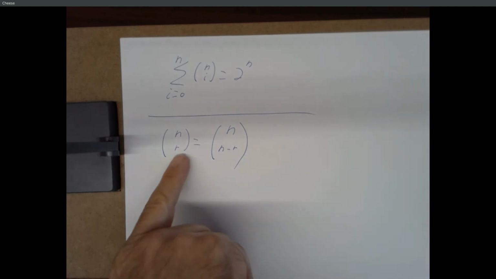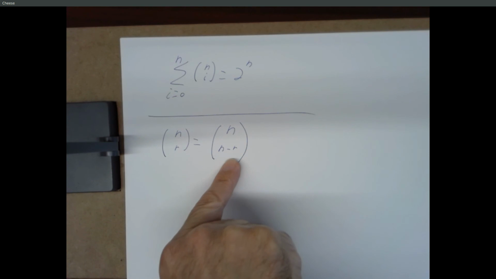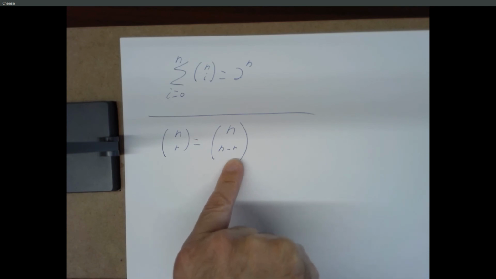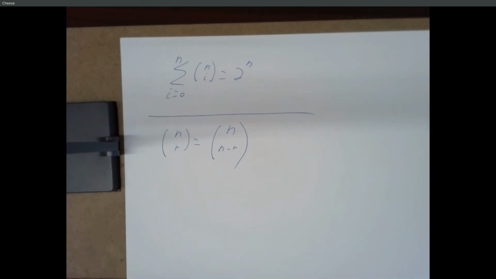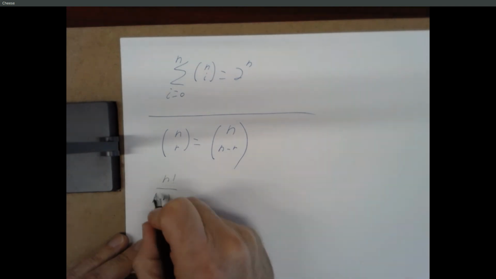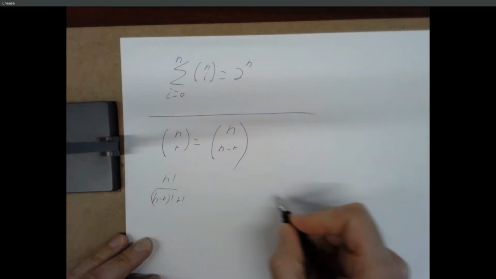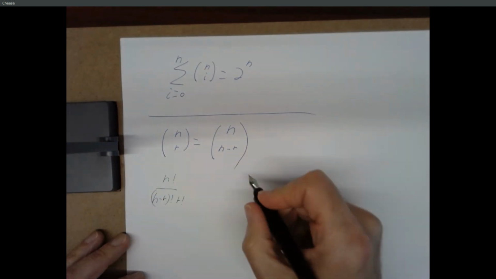Because selecting R objects is the same as choosing not to select n minus R objects. Right? The number of ways I can pick n minus R objects not to throw into my bag is exactly the same as the number of ways I can pick R objects to put into my bag. And this holds water if you look at the formula. Because this is n factorial over n minus R factorial times R factorial.